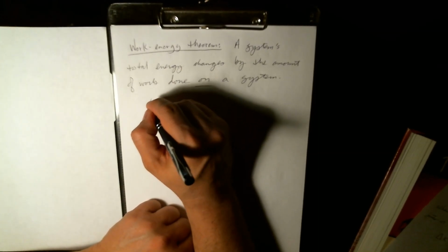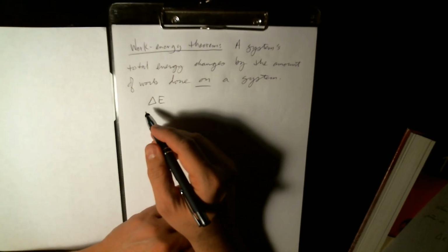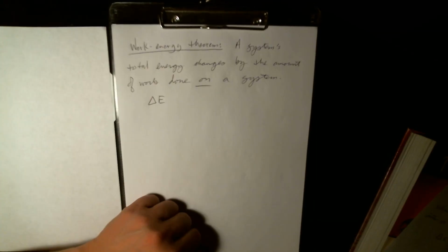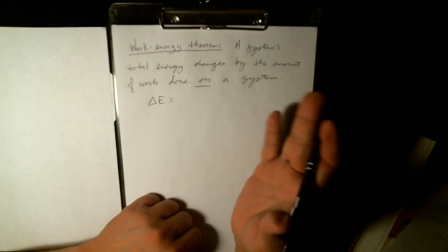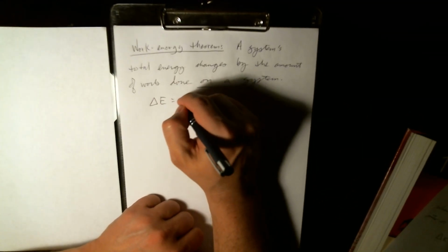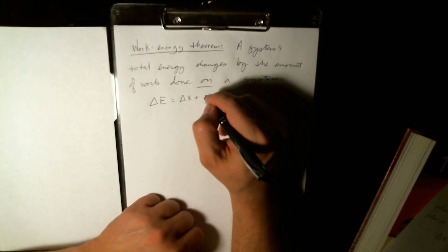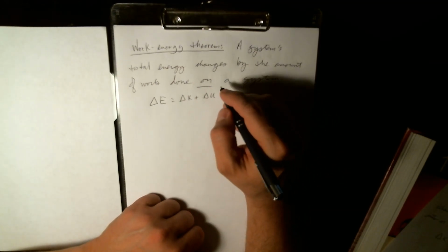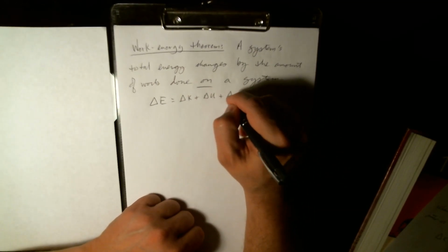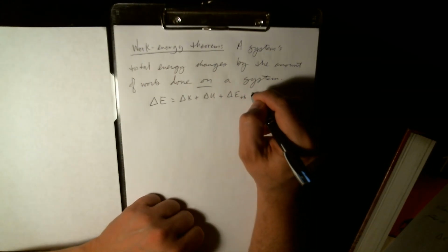If we were to state this mathematically, we would say the change in energy in a system is going to be equal to, well, what are all the different types you could have? I mean, you could have kinetic energy changing. You could have some changes probably in your potential, both spring and gravitational. You could have some changes in your thermal energy. Something could get hotter or colder.